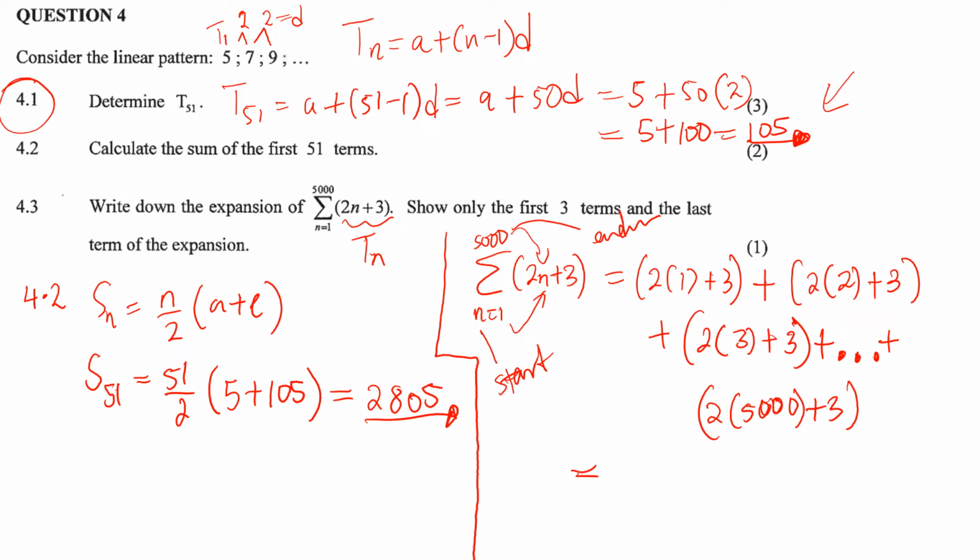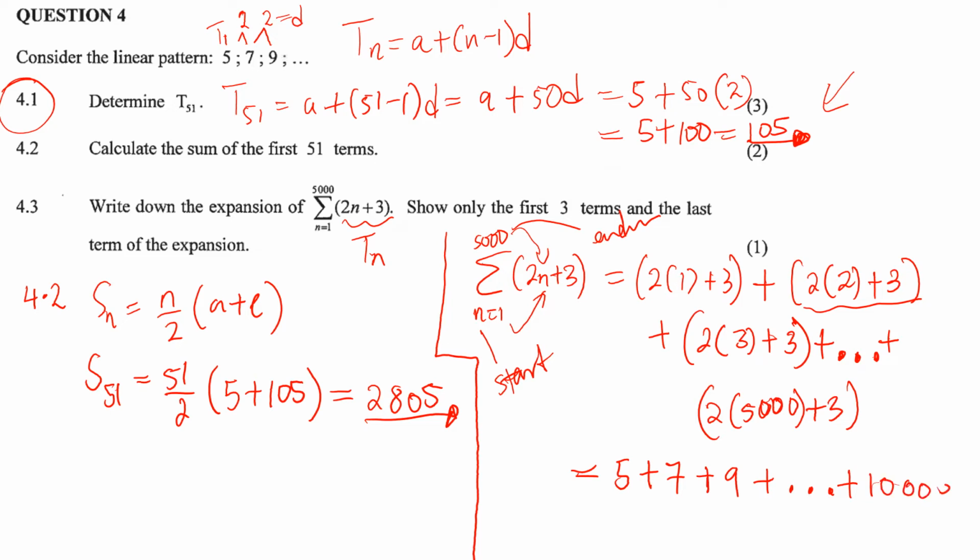So it will be 2 plus 3, which is 5, plus 2 into 2, which is 4, plus 3, which is 7, plus, then we move to the third term, 2 into 3, 6 plus 3, which is 9, plus, and we go towards the last term, which is 2 into 5,000 plus 3, which is 10,003.